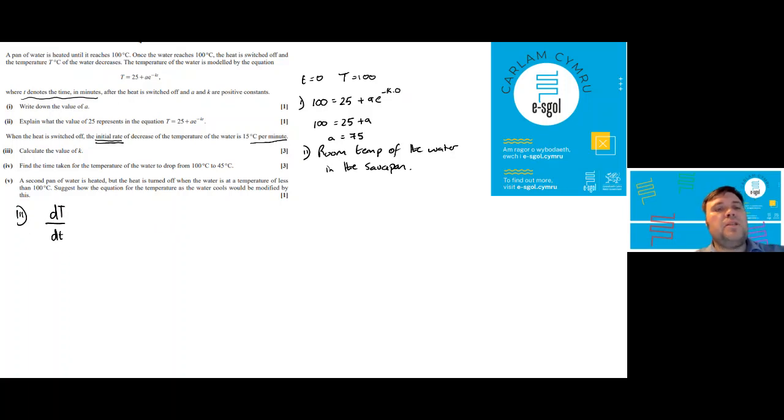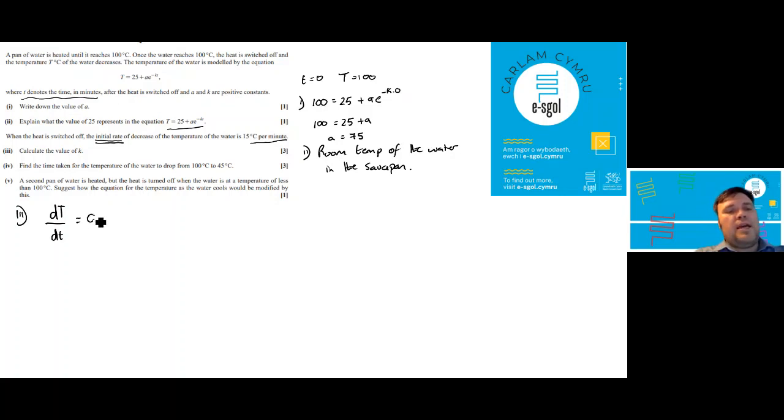So it basically means we need to differentiate it. So we have dT by dt equals, the 25 is going to go, because that's a normal number and in differentiation that'll go. And then you've got plus Ae to the minus kt. Like we did with the previous examples, we differentiate minus kt, so that's going to go to minus k.